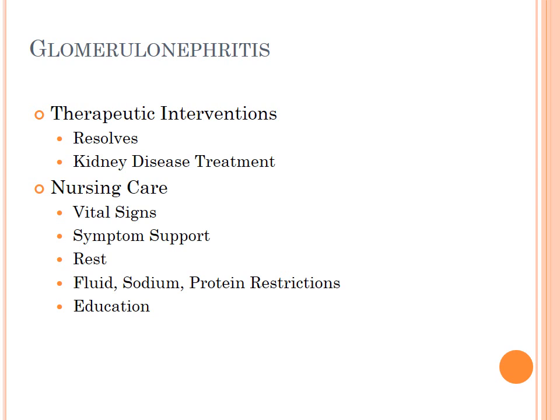So we're going to encourage rest, and fluid, sodium, and protein restrictions may treat the edema. Teach a person about preventing glomerulonephritis through treatment of any strep infection, impetigo or strep throat, and monitor the kidney function with BUN and creatinine.